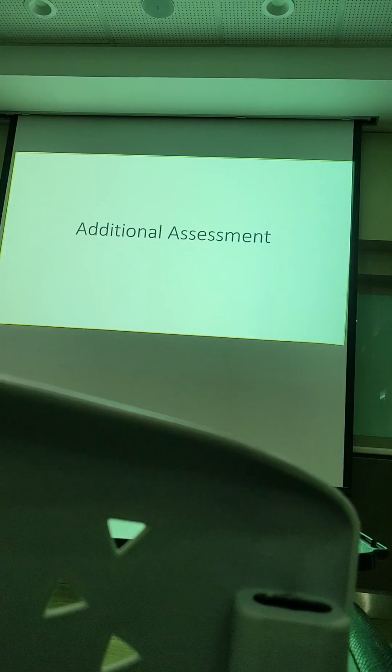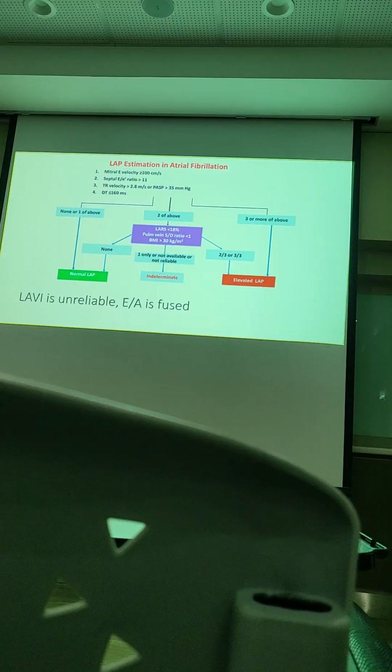And patient with mitral disease, kan, the Doppler will be quite different. So it's very difficult to look at your E prime semua, kan. So when the patient has AF, according to the ASE, we can use this algorithm.